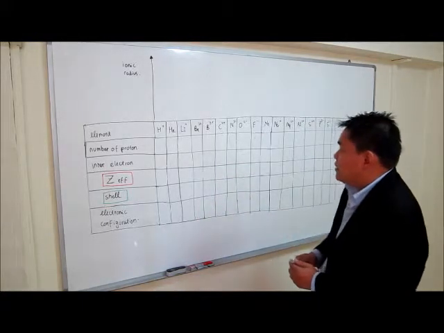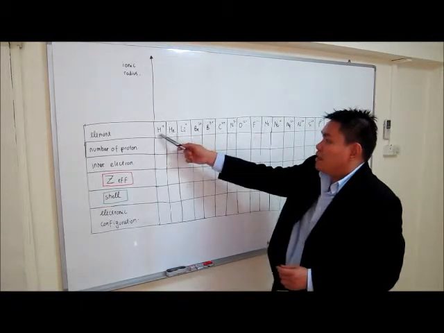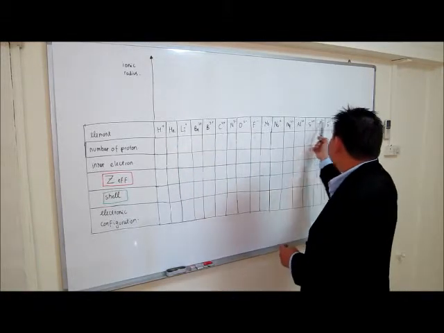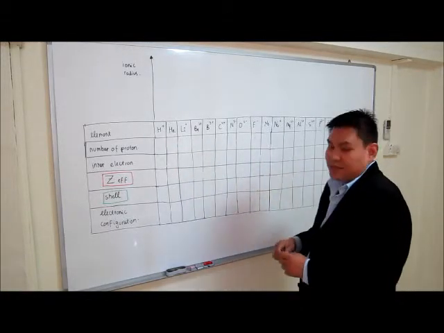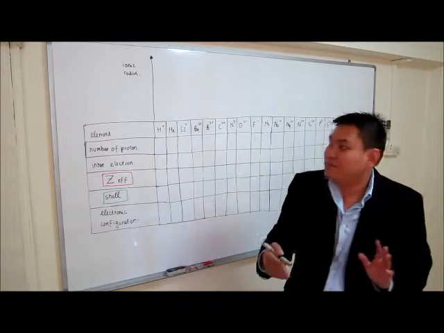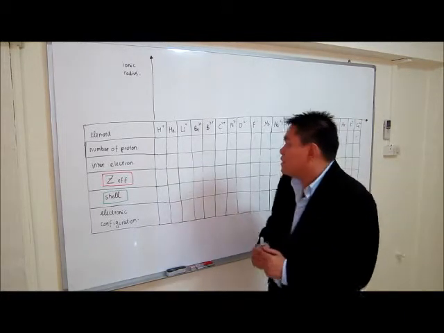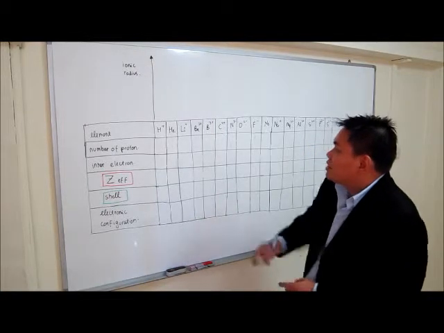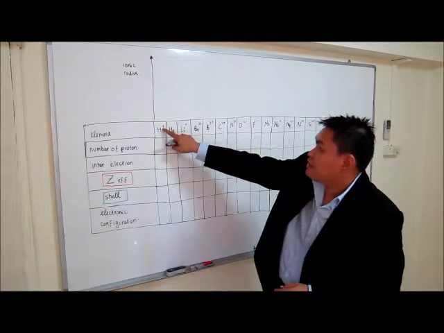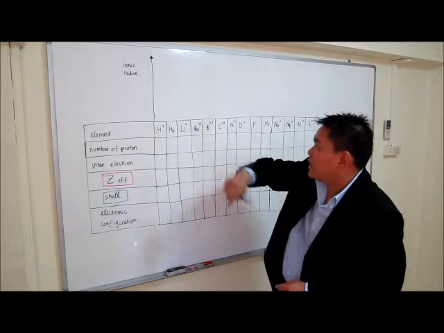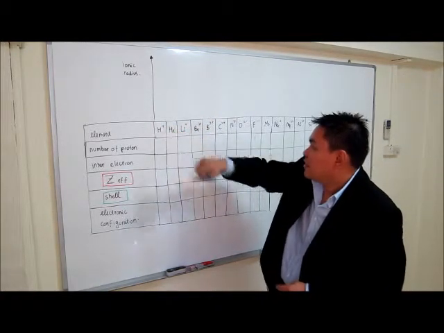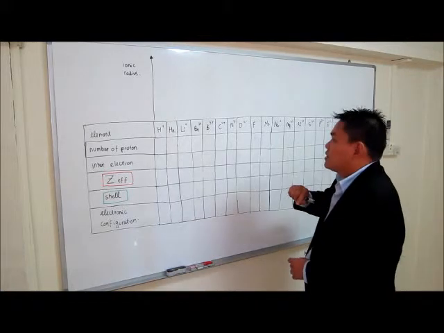The first step that you need to do is filling up the name of the elements. I already filled up all this; I leave it empty. You might need to check on your periodic table to be able to do that. And don't forget to put the charges, because we are drawing the ionic radius. So we need to write down the charges of all the elements here.